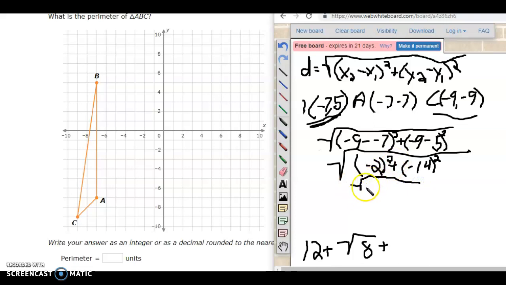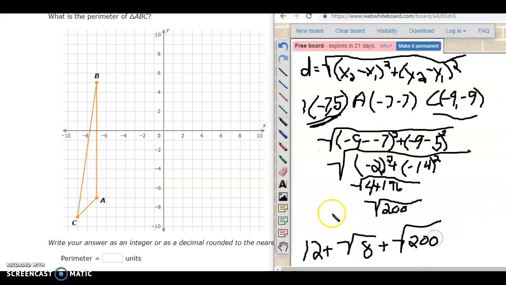Negative 2 squared is negative 2 times negative 2, which gives me a positive 4, plus negative 14 squared, which is negative 14 times negative 14, gives me 196. Then when I add those two together, 4 plus 196 gives me 200. The square root of 200 gives you a decimal again, so you're just going to leave it square root of 200.